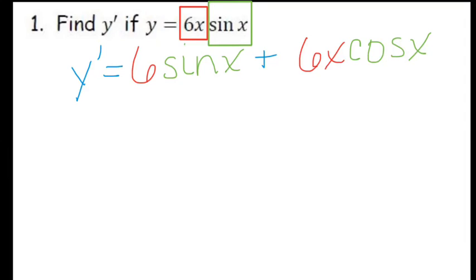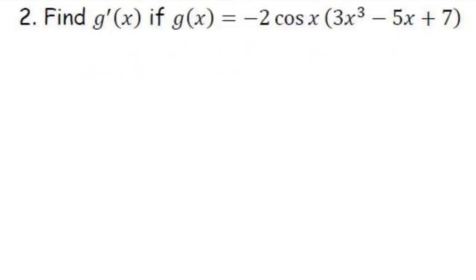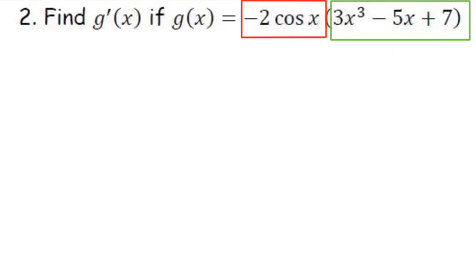All right, let's look at another example. In this case, my first is negative 2 cosine x. My second is this massive polynomial that you see here. And so again, I'm going to take my derivative.